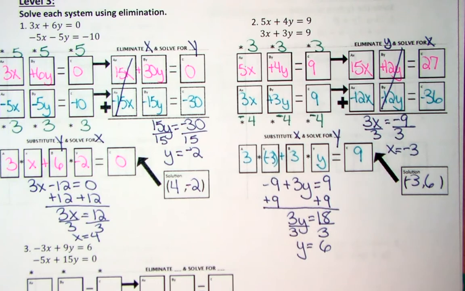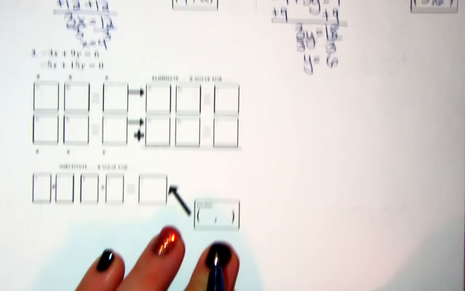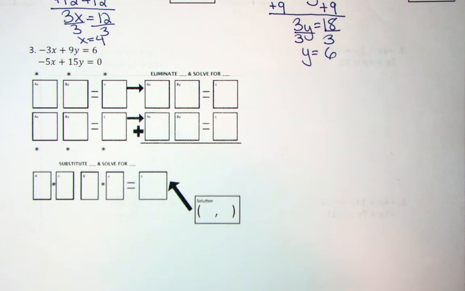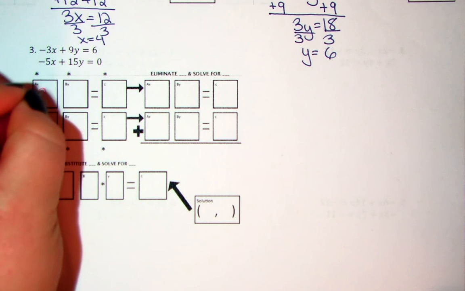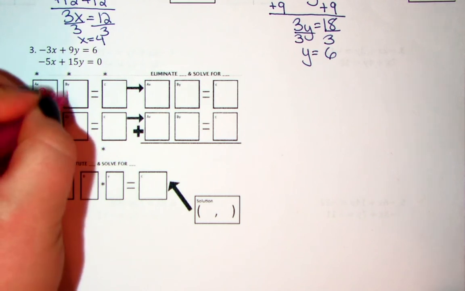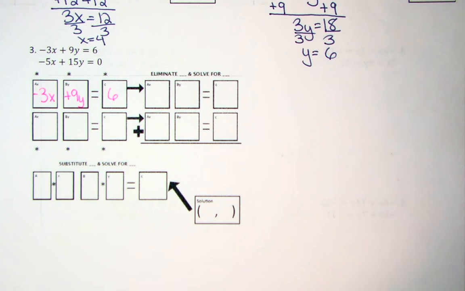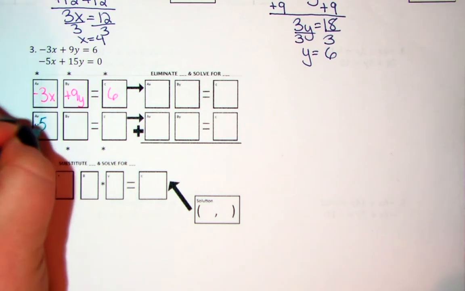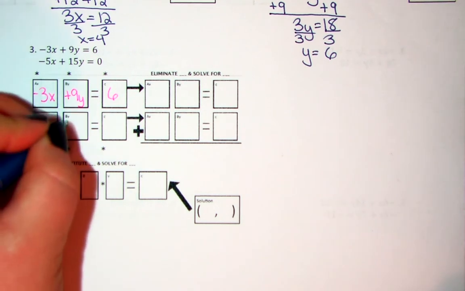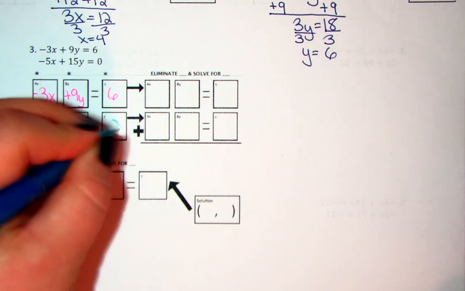There's one more problem in our level 3 notes. Number 3, our first equation is negative 3x plus 9y equals 6. Our second equation, negative 5x plus 15y equals 0.